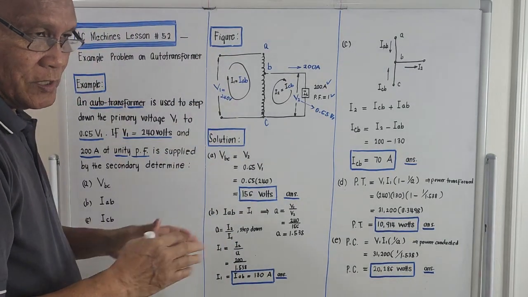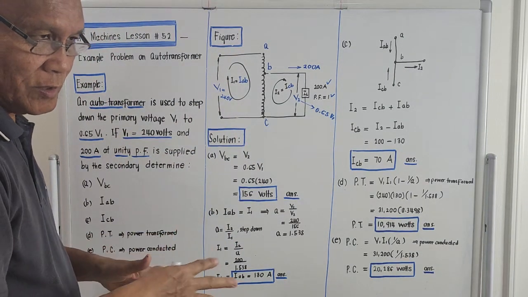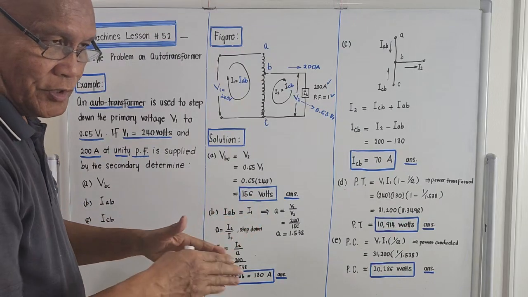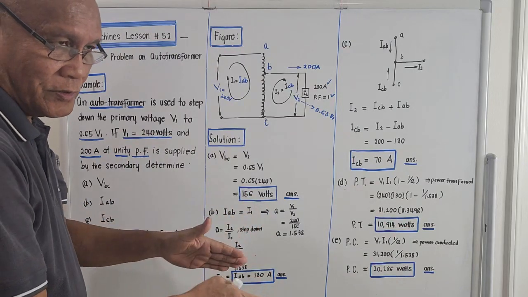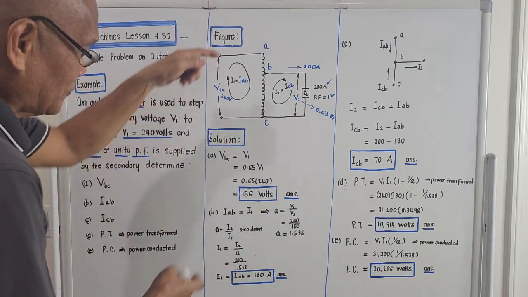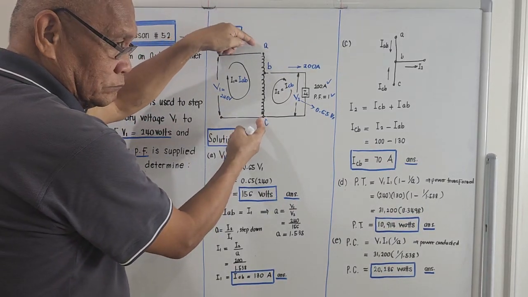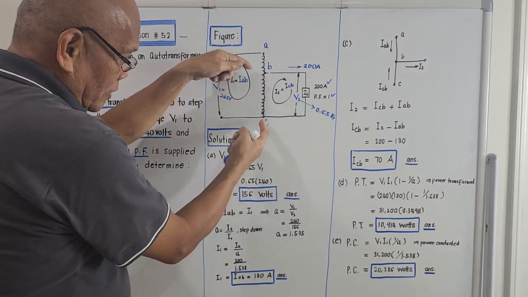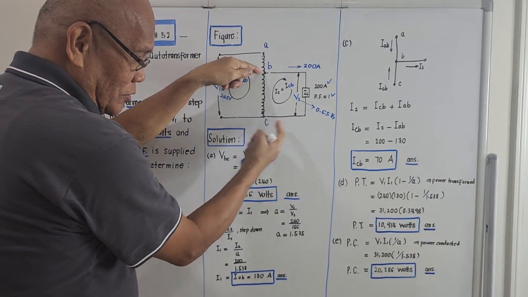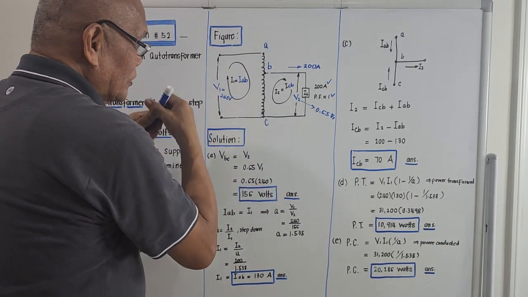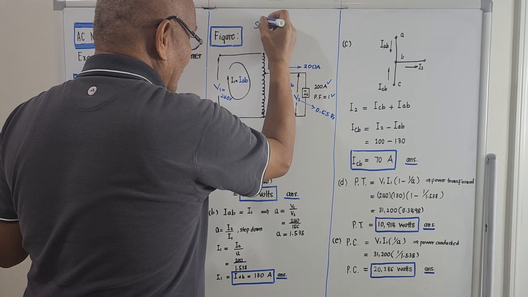An auto transformer is a transformer in which there is only one winding, and the secondary winding is just a percentage of the primary winding. So if this is 100%, the voltage across this will simply be 0.65 V1. This is a step down.